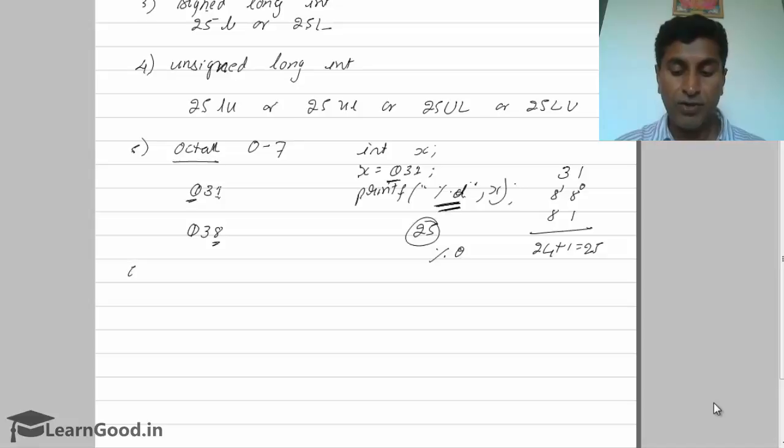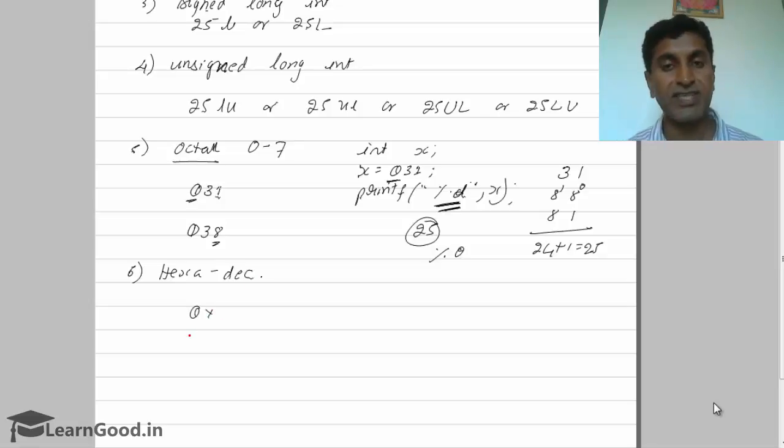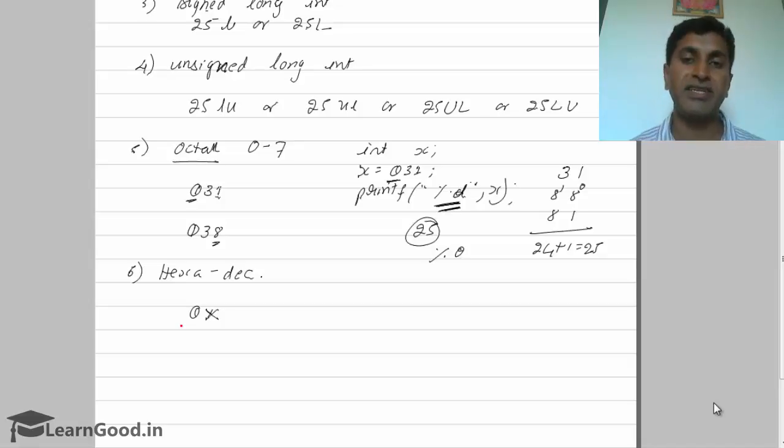Same way, if you want to give a hexadecimal value, then the value has to be prefixed with 0x. Any data which is prefixed with 0x is treated as a hexadecimal value.